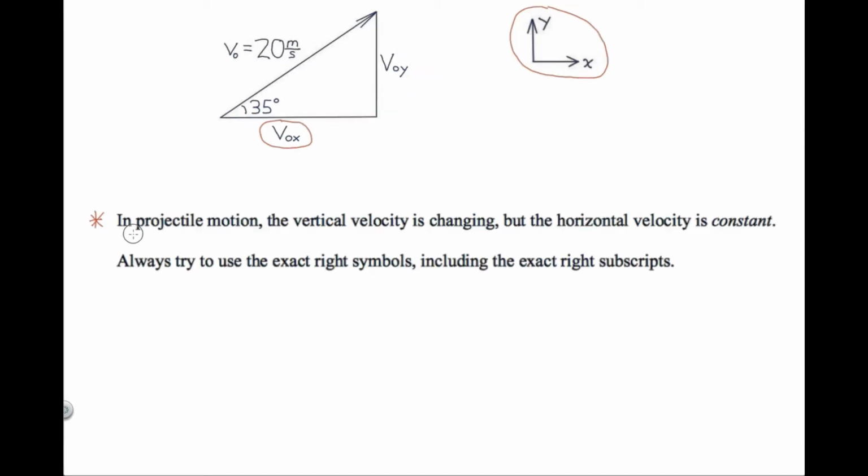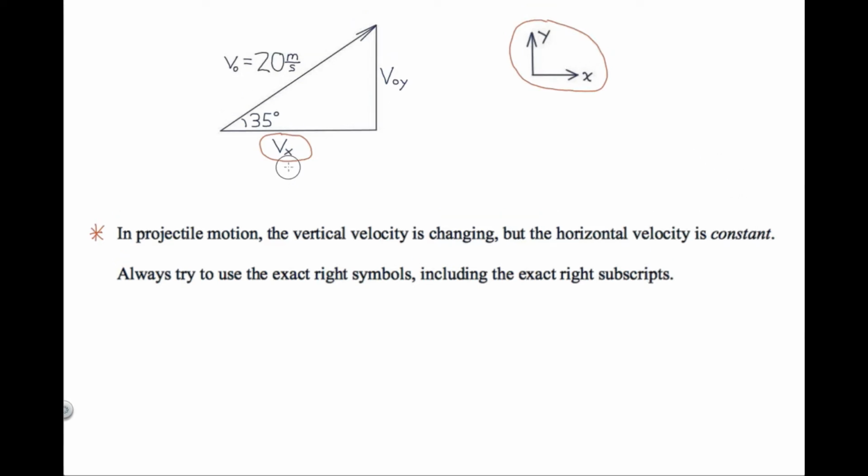As we will discuss later, in projectile motion, the vertical velocity is changing, but the horizontal velocity is constant. So we can use the symbol v sub x to stand for the horizontal velocity at any point during the projectile motion.